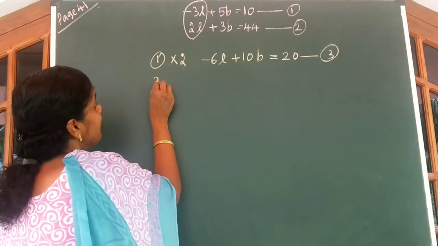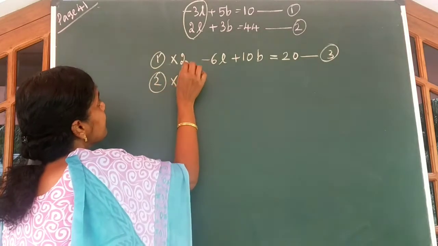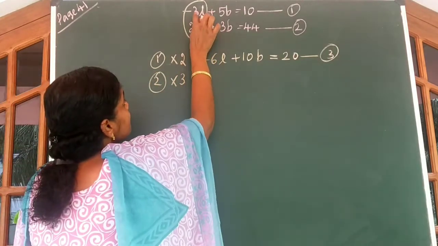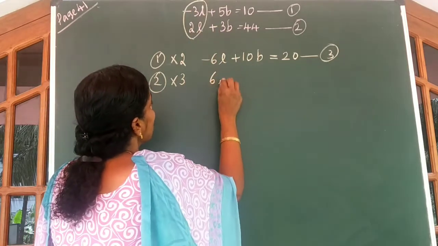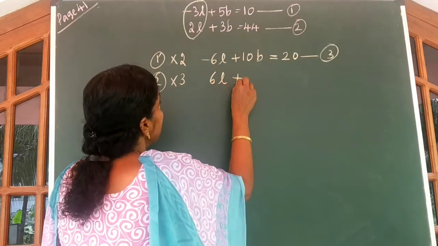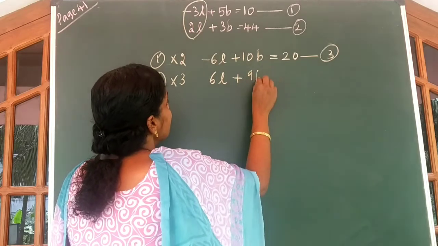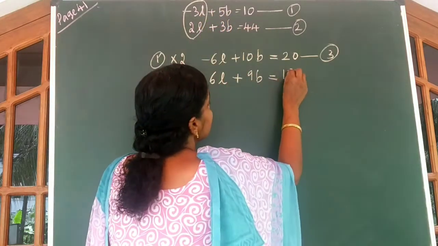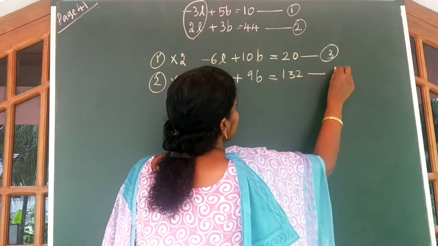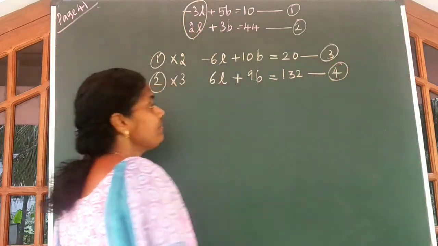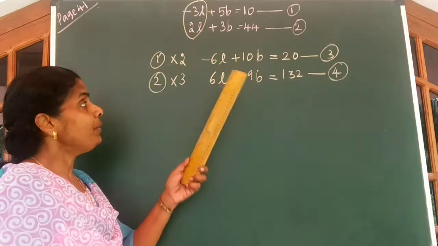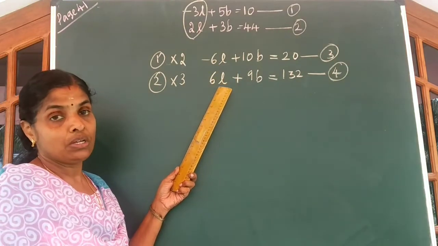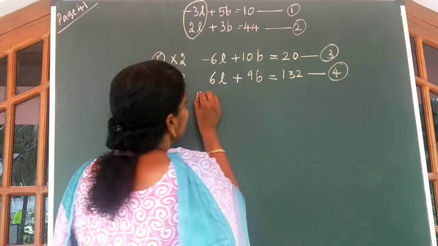Let us multiply the second equation with 3. 3 into 2 gives you positive 6L plus 3 3s are 9B is equal to 44 into 3 gives you 132. Let us name this as our fourth equation. Now you can understand the first two terms are the same, so we can add the two equations.